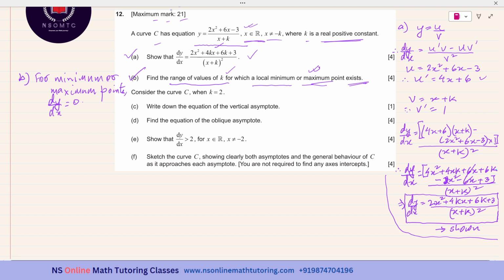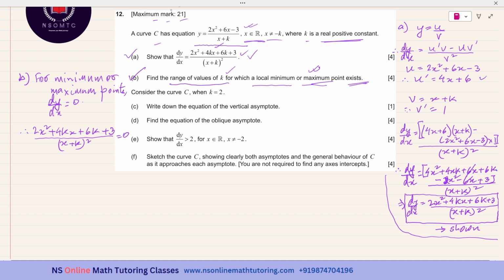Okay, so therefore this expression should be equal to 0: (2x square plus 4kx plus 6k plus 3) over (x plus k) whole square should be equal to 0.